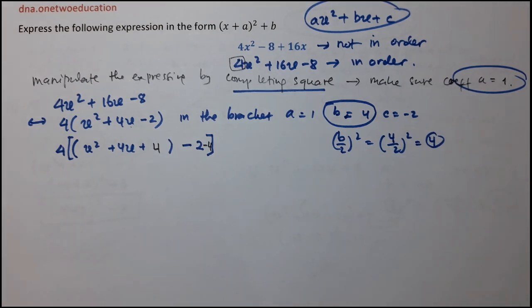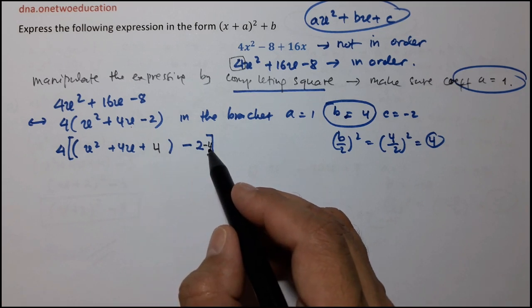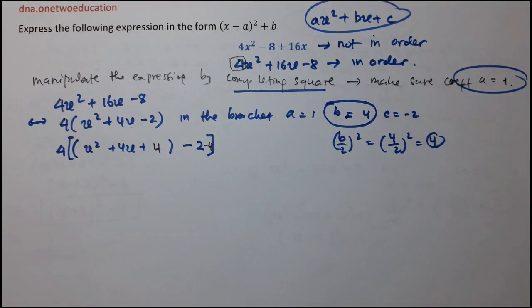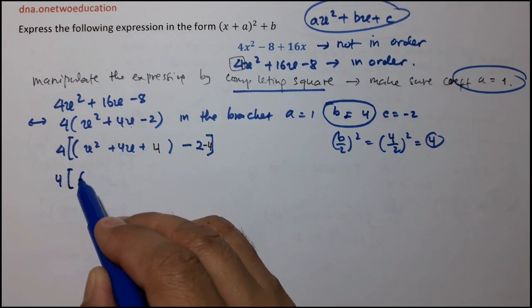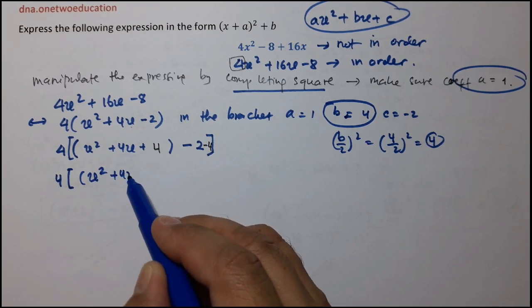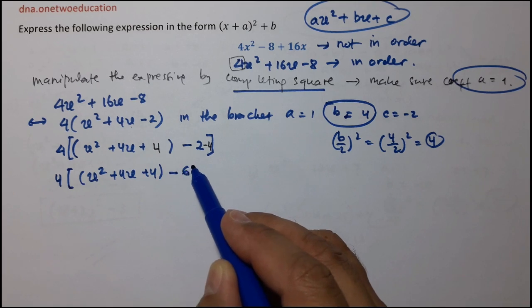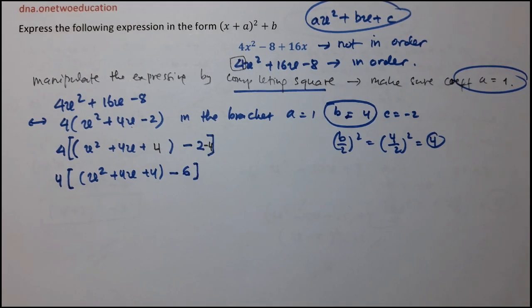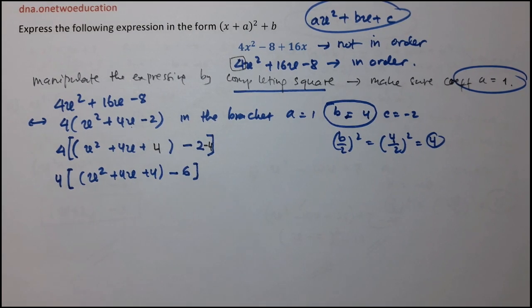So the value is constant. Clear, everyone? Positive 4 in the bracket, so automatically negative 4 out of the bracket. Next. So 4, special bracket here, x² + 4x + 4, negative 6. Clear?